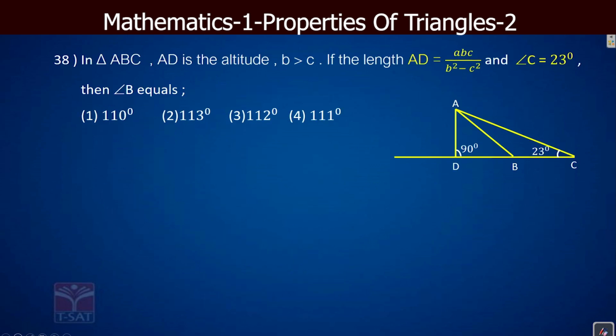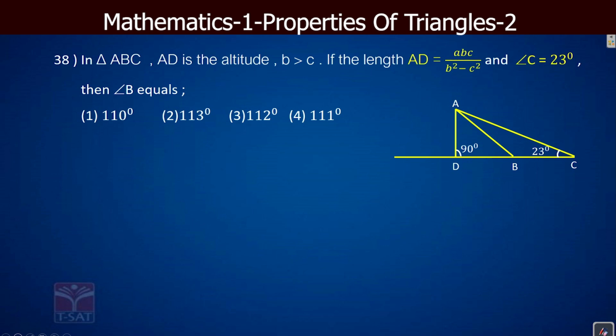In triangle ABC, AD is the altitude, of course, b greater than c. If the altitude length AD is equal to abc by b square minus c square, and C is equal to 23 degrees, then angle B equals 1) 110 degrees, 2) 113 degrees, 3) 112 degrees, and 4) 111 degrees.